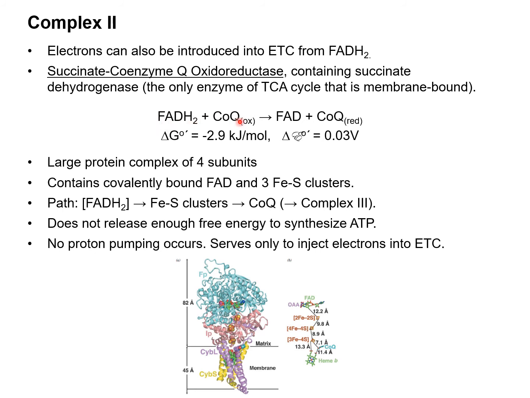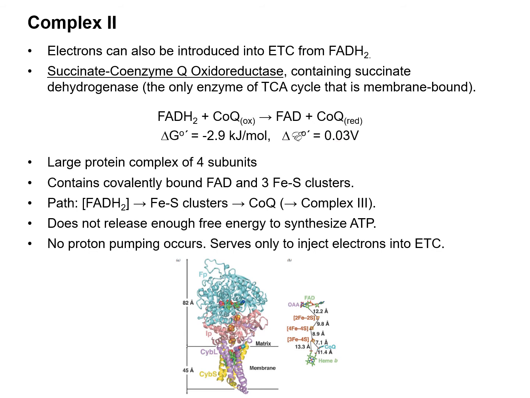So the reaction is right here: FADH2 gets into complex 2 to provide the electrons. FADH2 plus coenzyme Q oxidized form is converted to FAD and the coenzyme Q reduced form, with the delta G naught prime value as minus 2.9 kJ per mole, and delta E naught prime is right here.